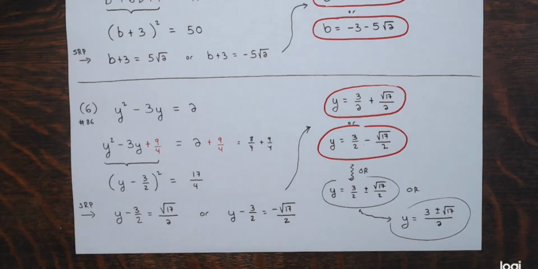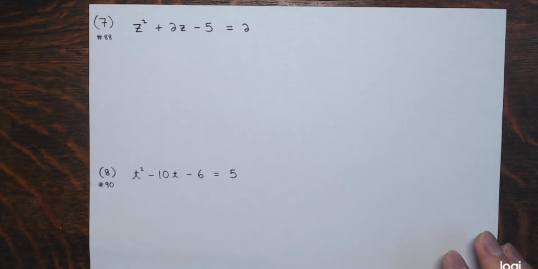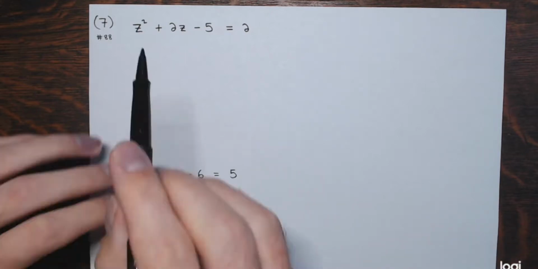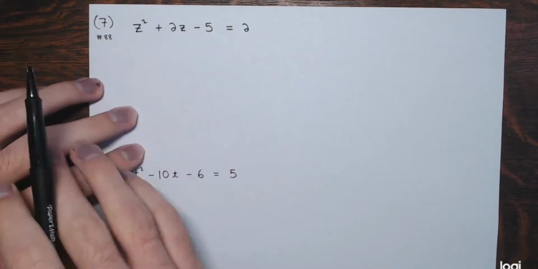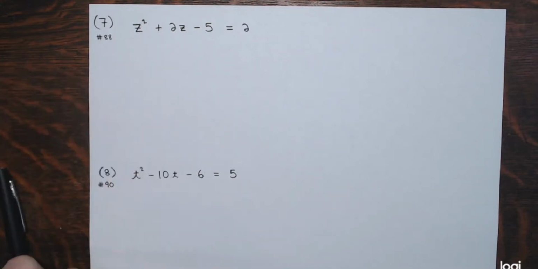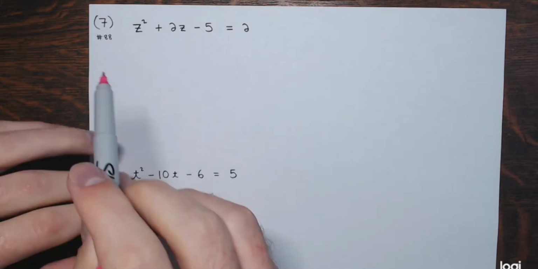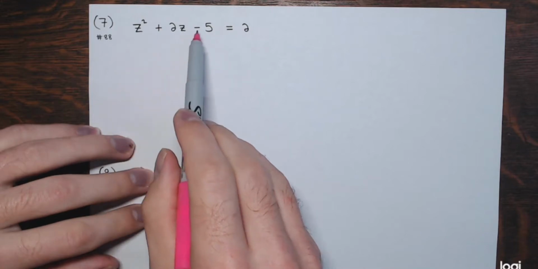Wonderful. All right, so next question. Now the first 6 questions were already set up the way I wanted. I had the quadratic term and the linear term on their own equal to some number. This question here in example 7, which is exercise 88 from the text, I have z squared plus 2z minus 5 equals 2.